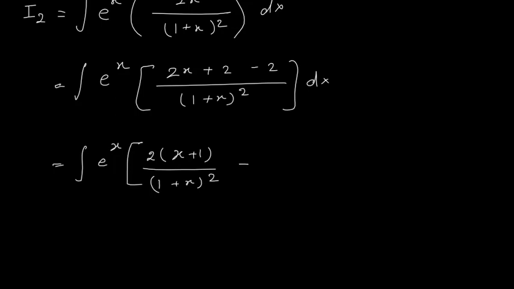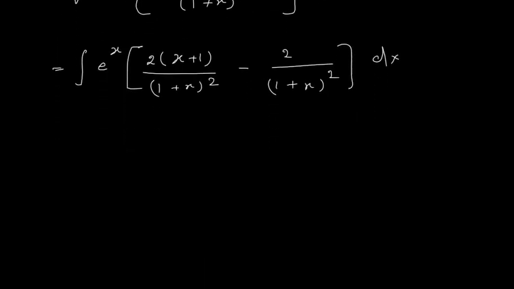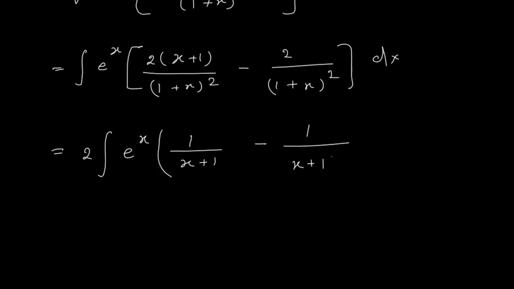Then here I have minus 2 upon 1 plus x the whole square into dx. Now this 2 I will take common outside, and here inside I have e power x, then inside bracket I have 1 upon x plus 1, then I have minus 1 upon x plus 1 the whole square into dx.